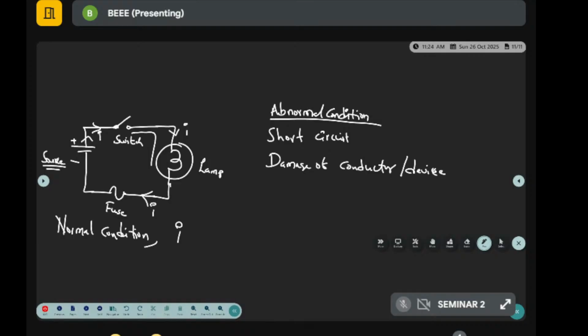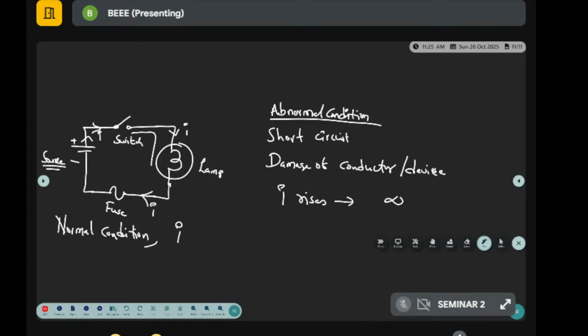What happens in this abnormal condition? The current rises. The value of I increases, and we don't know how much, it may rise to infinity also.